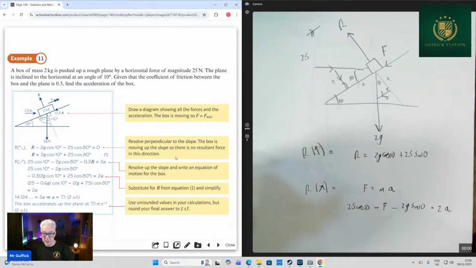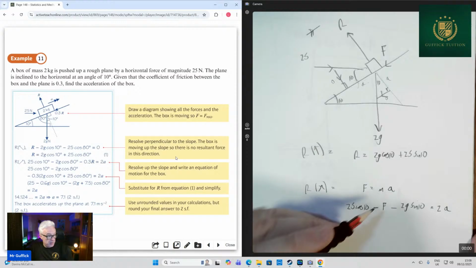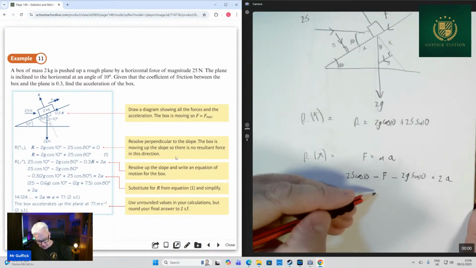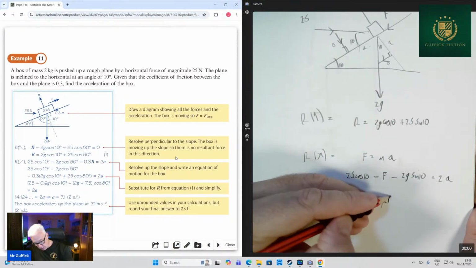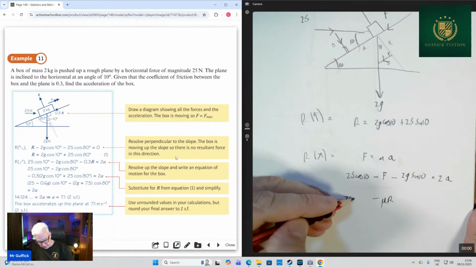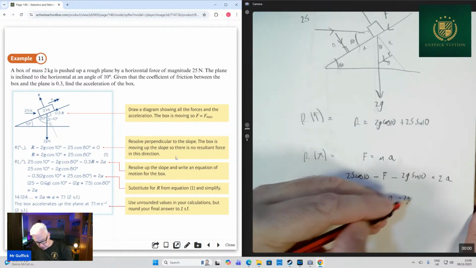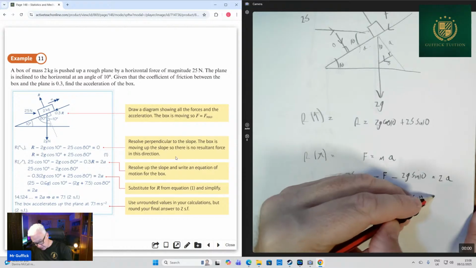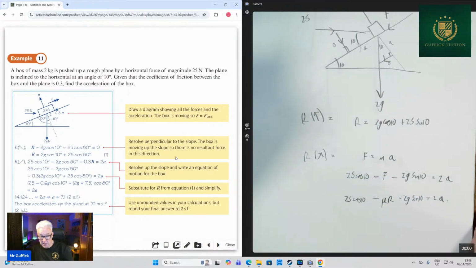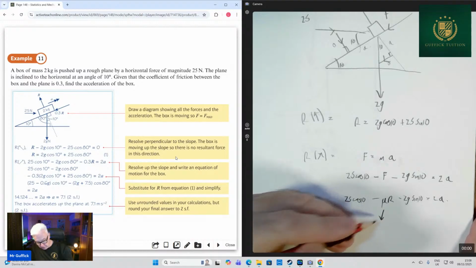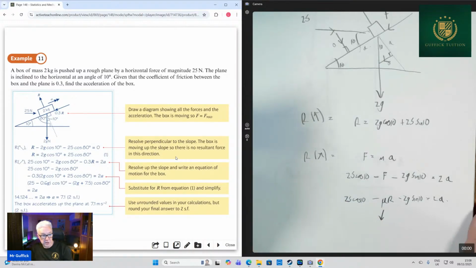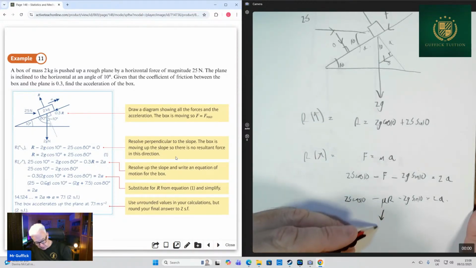So we now just got to replace this F with mu R, okay? So F is mu R, like that. 25 cos 10, and that is equal to 2g times sine 10 minus 2a. And actually, this looks good now because the question tells us that the coefficient of friction between the box and the plane is 0.3. So that's good.